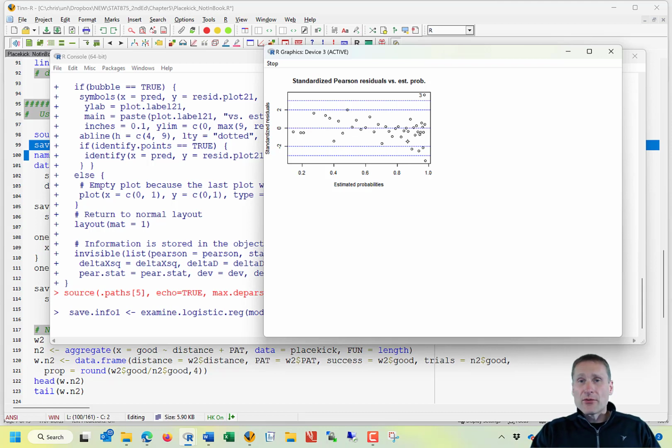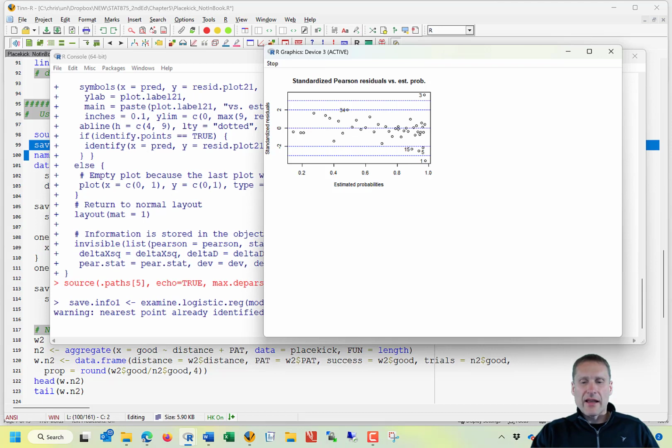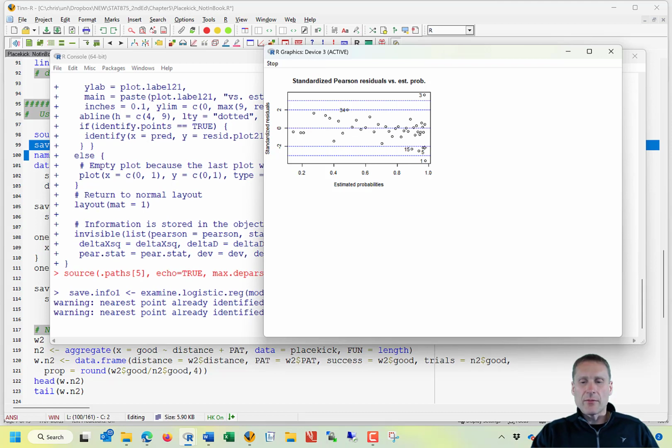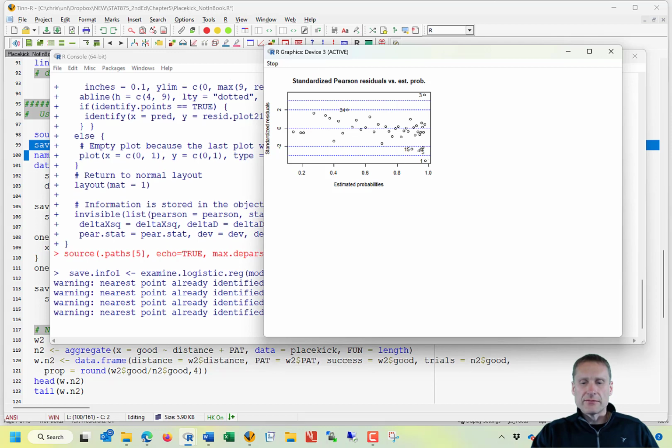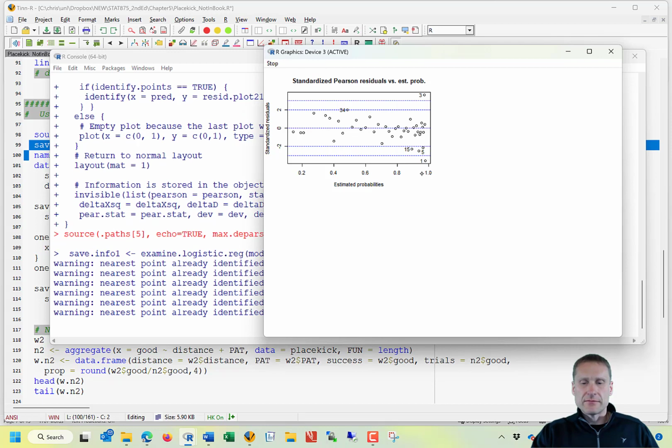The actual observation number corresponding to that point is given now on the plot. The reason I've incorporated that into my function is so that you can easily identify particular observations by their number, and we can go back and investigate them more later. Sorry, I was clicking on the wrong point. There we go.